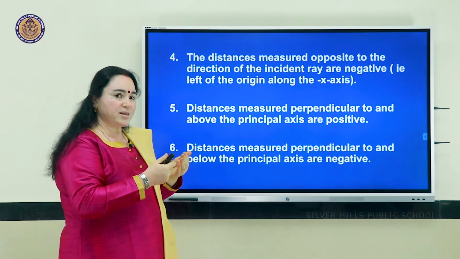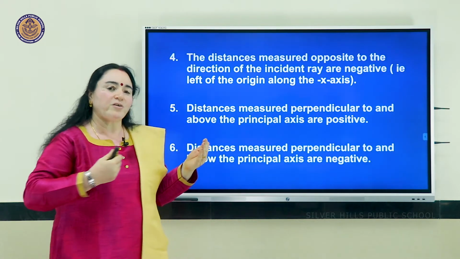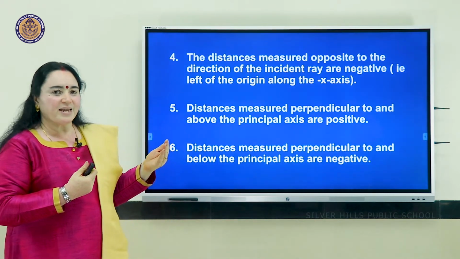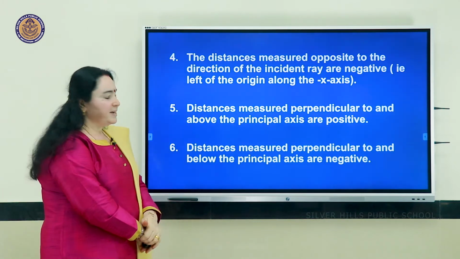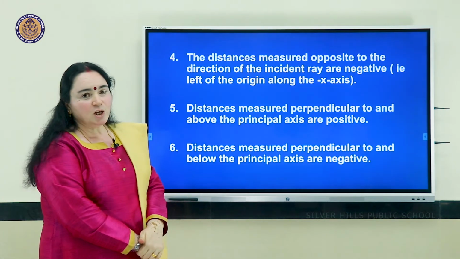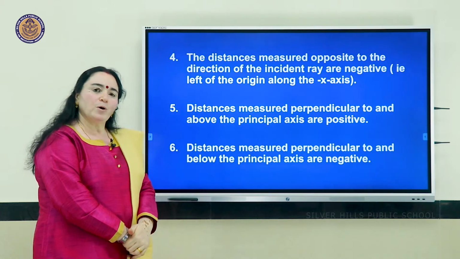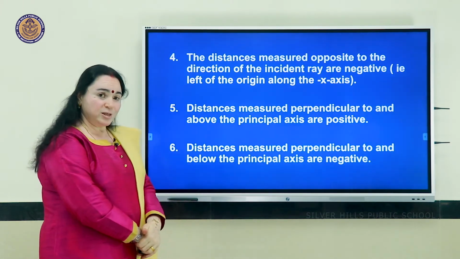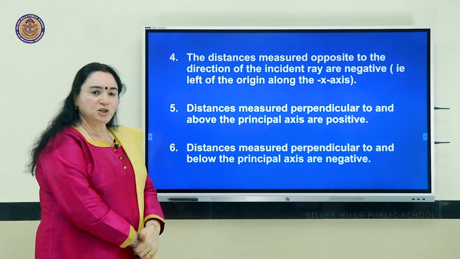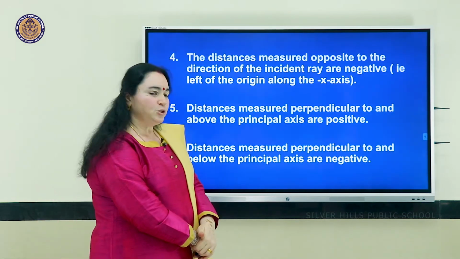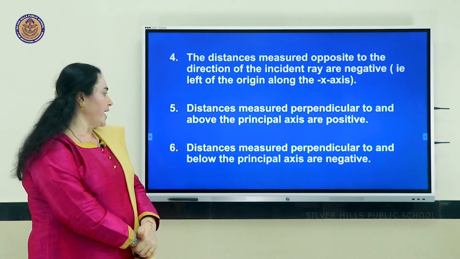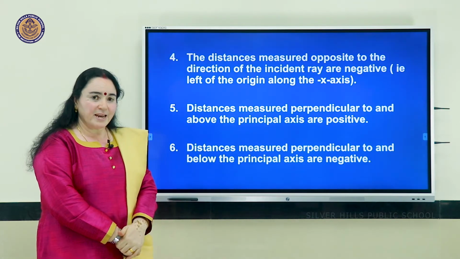Obviously, when you're measuring something toward the negative quadrant, the value is taken as negative. The fifth one, distances measured perpendicular to and above the principal axis are positive. Sixth and the last one, distances measured perpendicular to and below the principal axis are taken as negative.